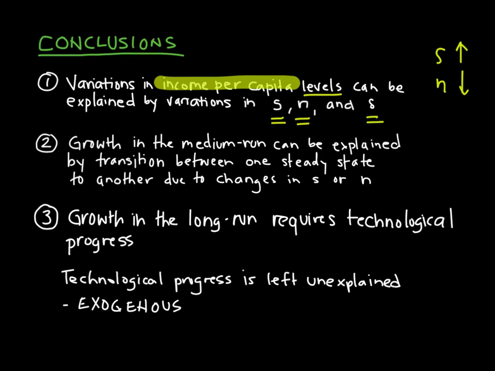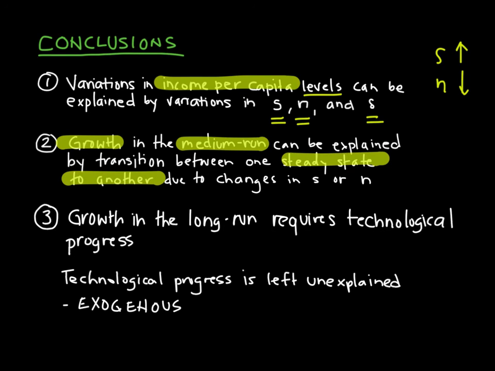All right, the second thing we can see is that we can have growth in the medium run if an economy is moving from one steady state to another. So what this implies is that if we were to give advice, for example, and say, increase your savings rate, that would increase the steady state, but in steady state, the growth rate of output is always equal to 0.